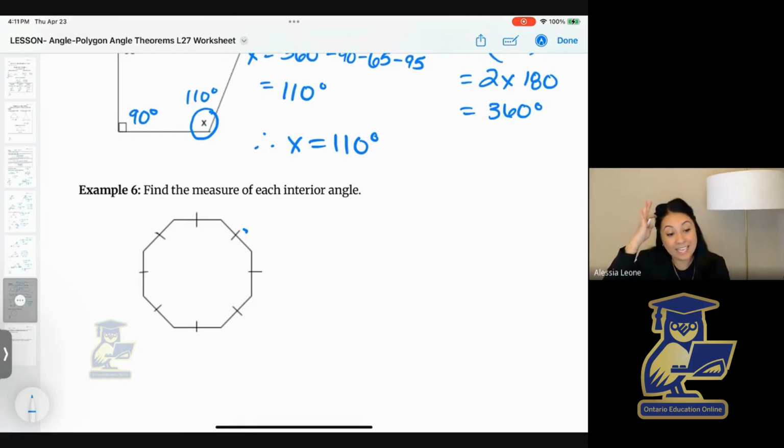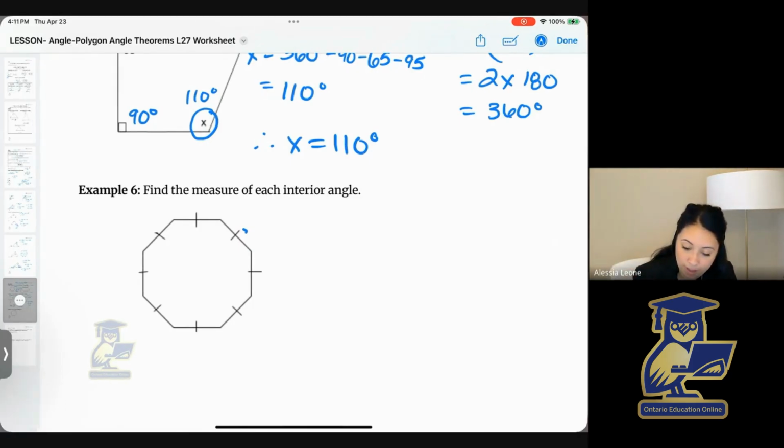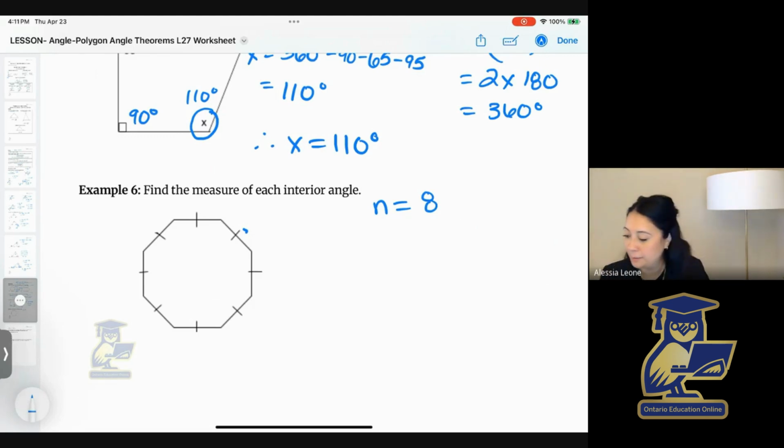Find the measure of each interior angle. So n is 8. This shape has 8 sides. Now, all the sides are the same length. That's what these little lines are showing us, that they're all the same.